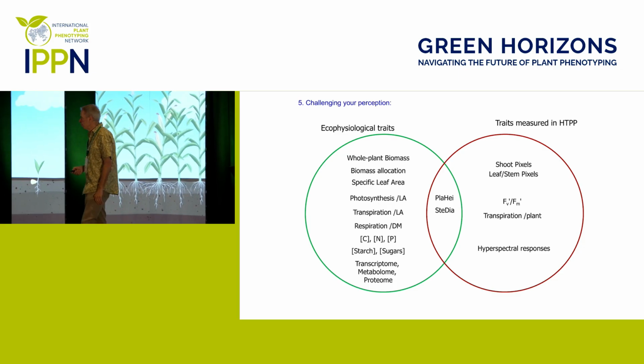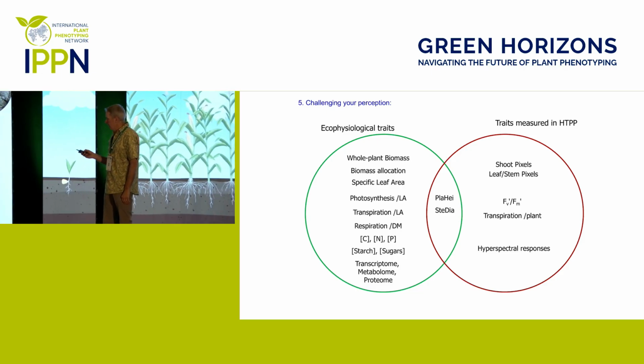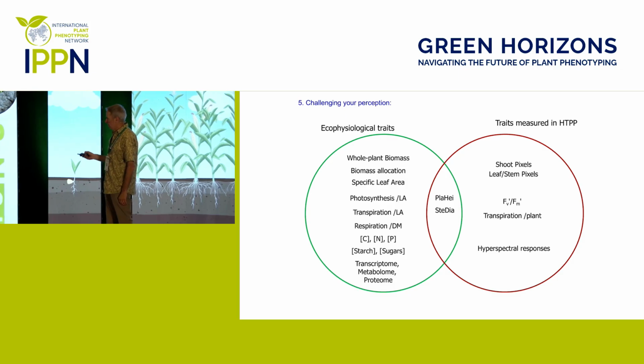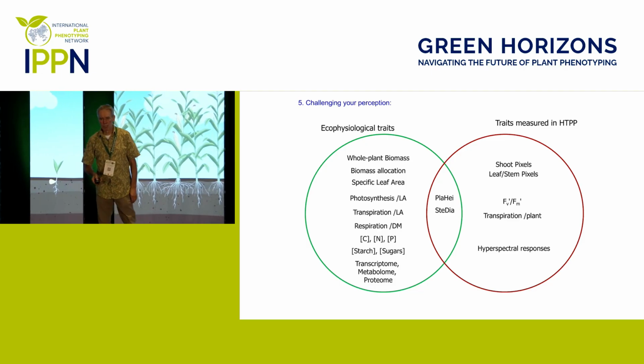So what many people do in the high throughput platforms is that they measure digital biomass, or they measure allocation in terms of leaf and stem pixels, or they have something like the electron transport rates, or even the transpiration per plant, or they have hyperspectral responses where they have proxies for all these variables.